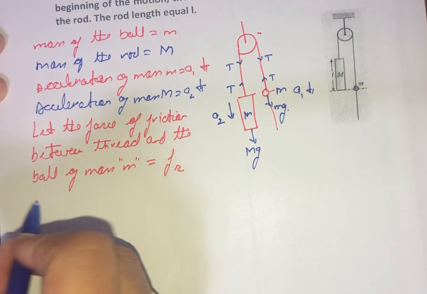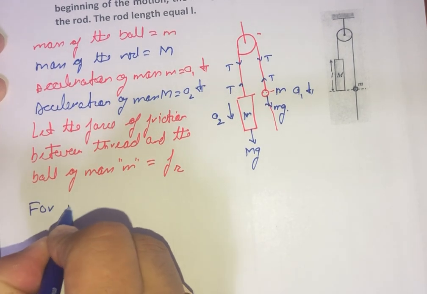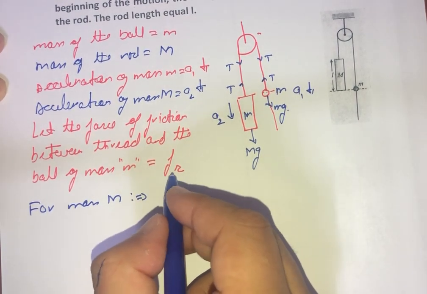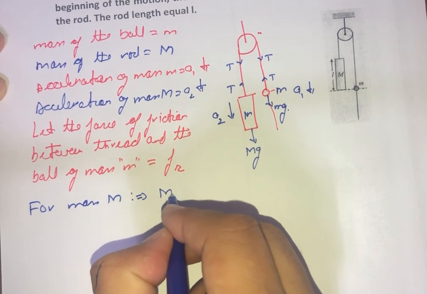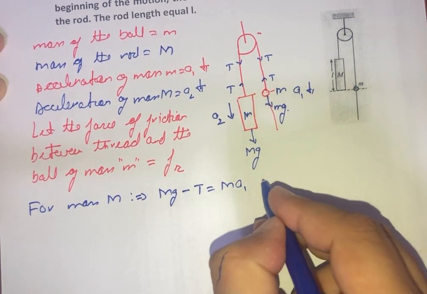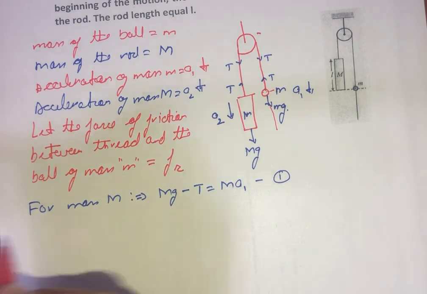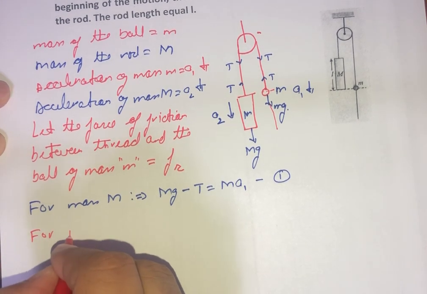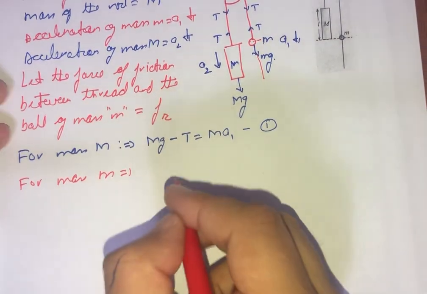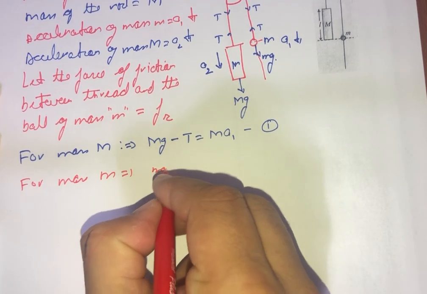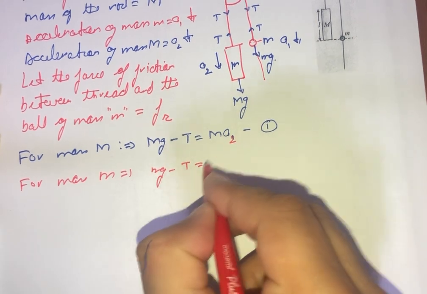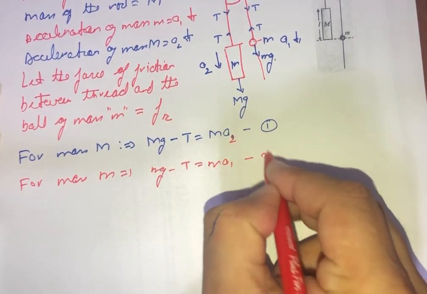Okay, so you can see that for mass capital M, we can write the equation Mg minus T is equal to Ma2. Let this be equation number 1. And for mass small m, the equation is mg minus T is equal to ma1, equation number 2.